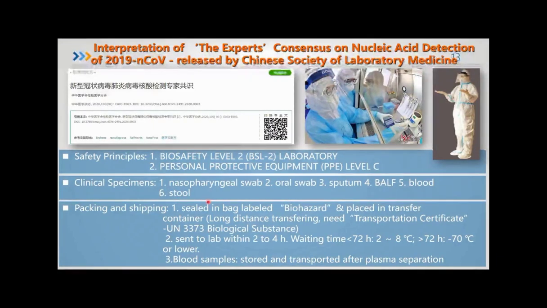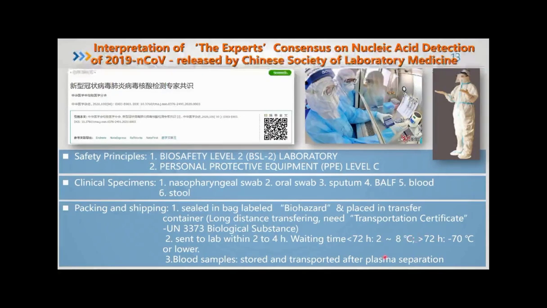But for long-distance delivery, you need to obey those packing and transportation rules in China. I think it is also required in the US. If it takes too long during shipping, for example, longer than 72 hours, you need to put your specimens at -70 or even lower temperature.